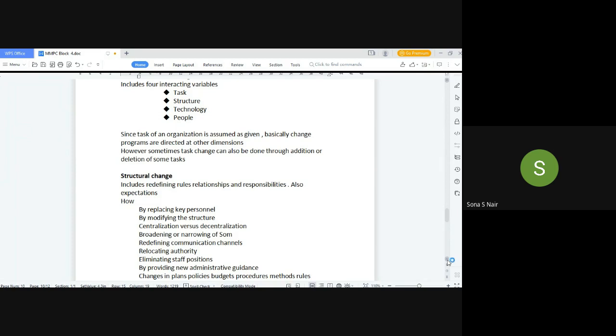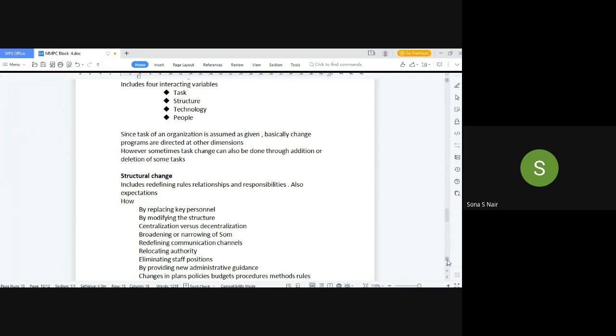Centralization versus decentralization, we've already gone through this word too many times. So if you're making changes to that, certain things you are delegating and certain things you are taking away, you're decentralizing. That can also happen. Broadening or narrowing the span of management, that's also a structural change if need arises.